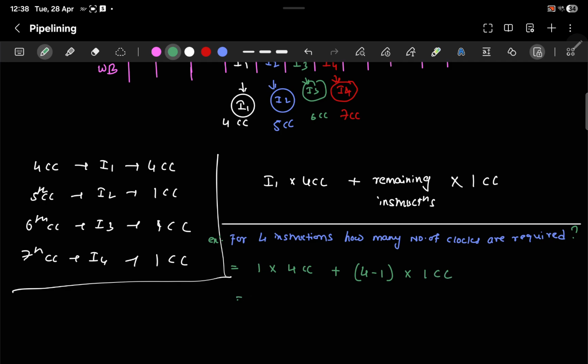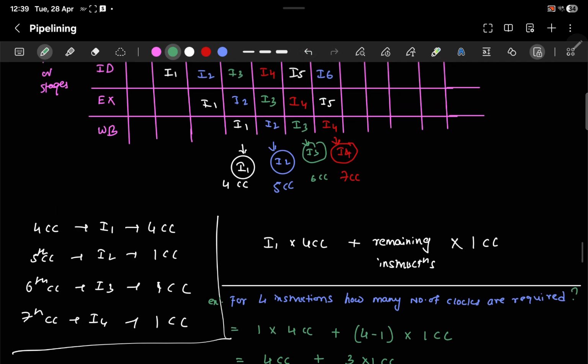So if you calculate this, it is 4 clock cycles plus the remaining 3 into 1 clock cycle, that is 4 plus 3, which is 7 clock cycles. Is it right or wrong?